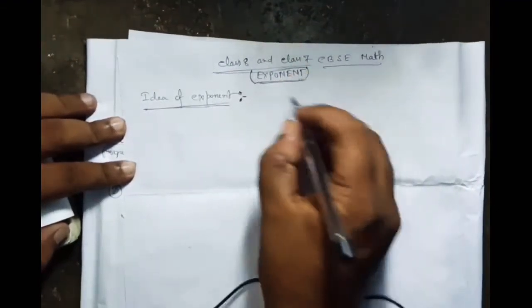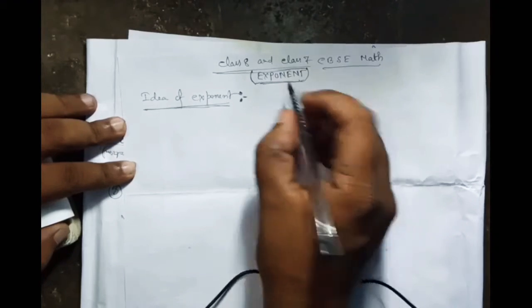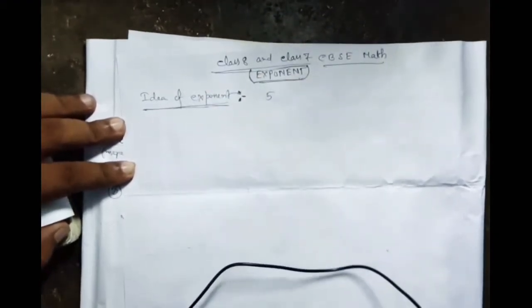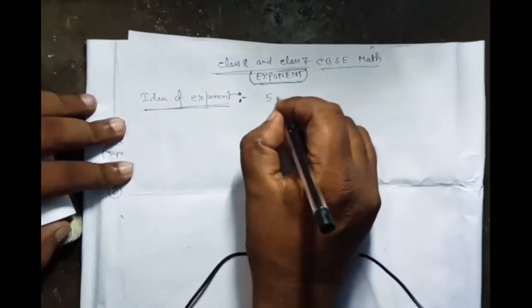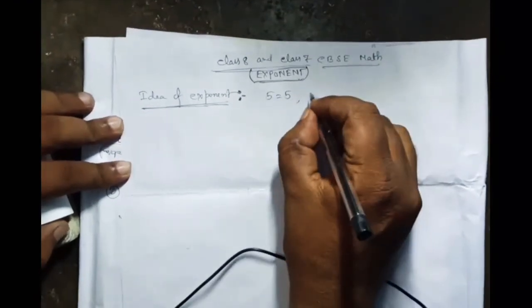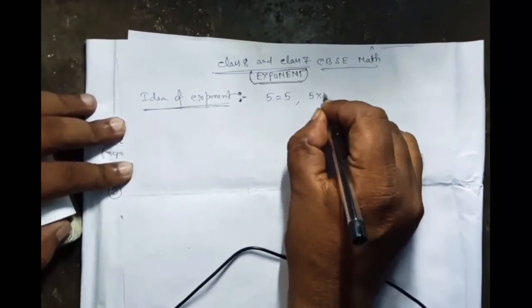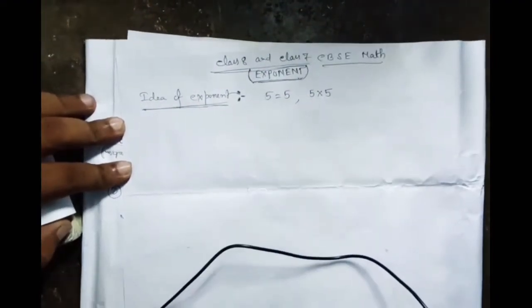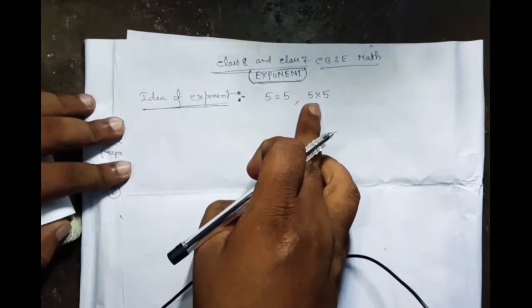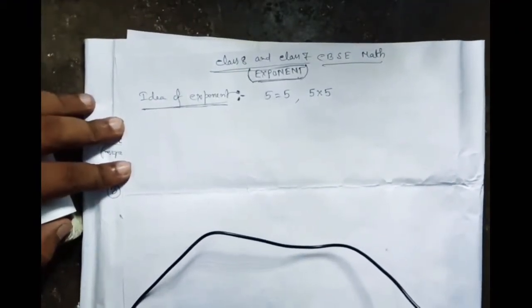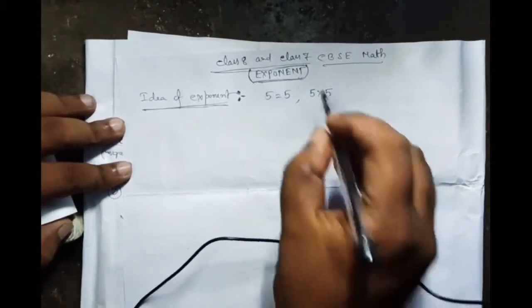The first thing, suppose we have taken one number, that is the number 5. Now again we are taking 5 and multiplying this number with the same number, then what can we write in place of this?